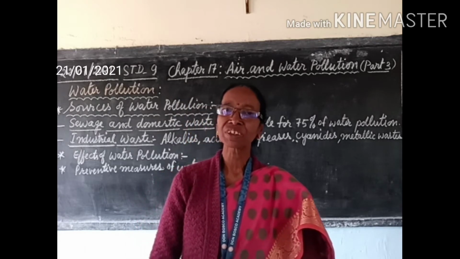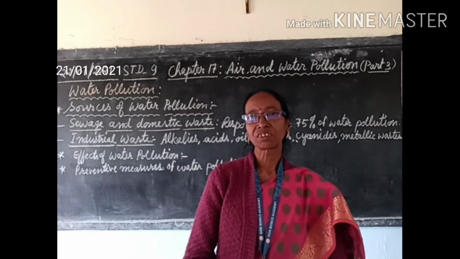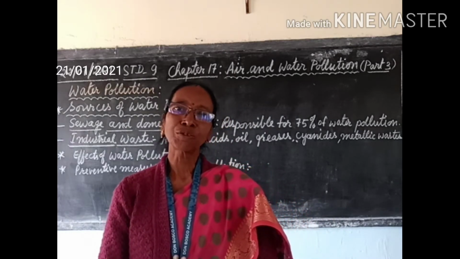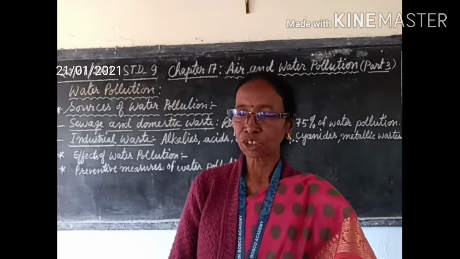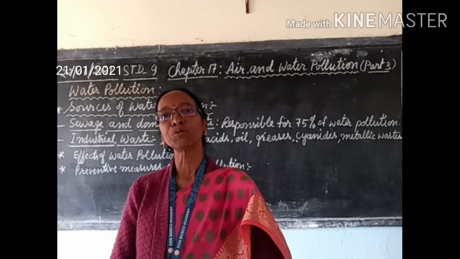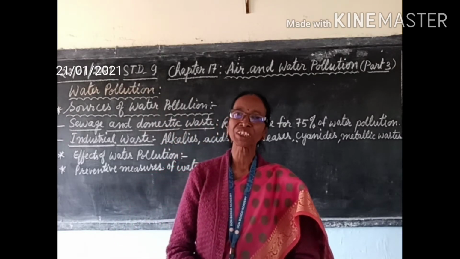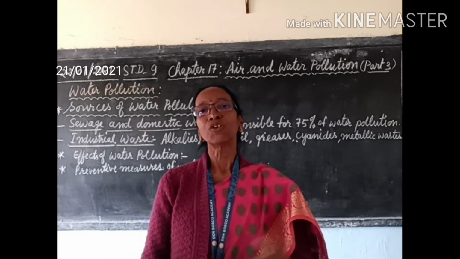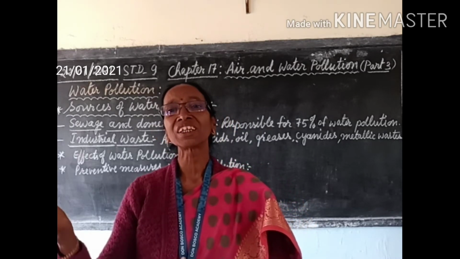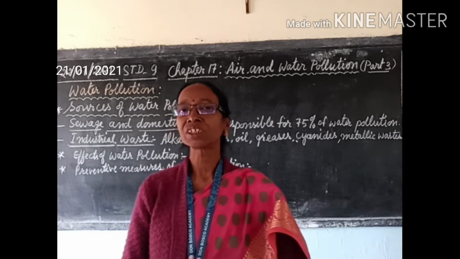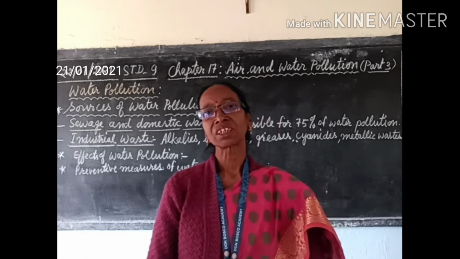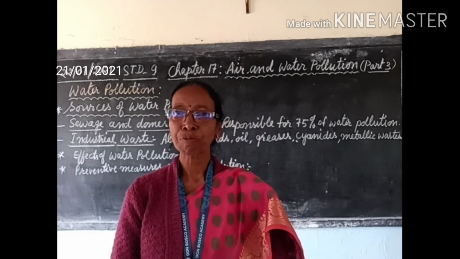We get sometimes stomach upset or diarrhea or dysentery, or there are infections in the liver or other problems that also affect our immune system by causing different diseases. So all these problems are created and increasing day by day due to the pollution in water. So water pollution is affecting our ecosystem also.